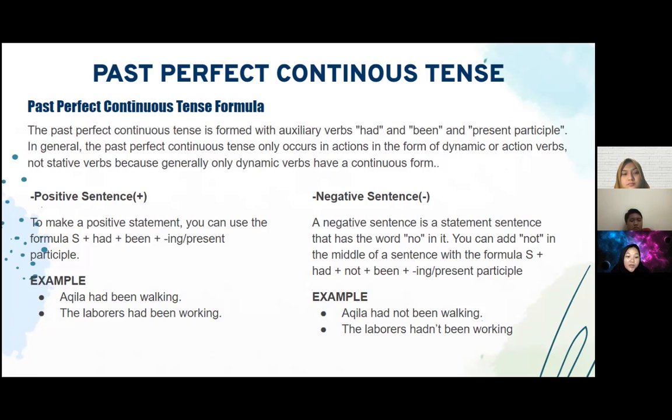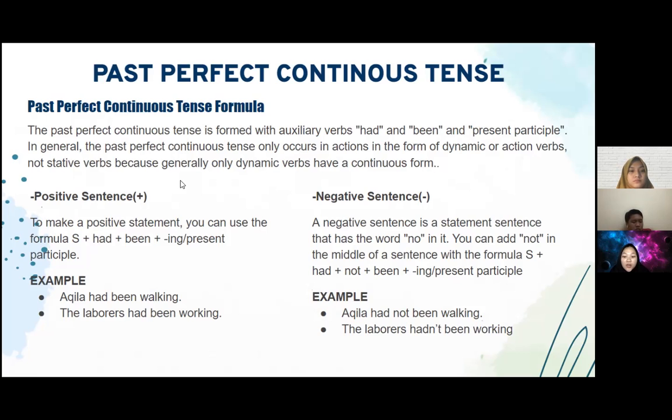The first, positive sentence. To make a positive sentence, you can use the formula subject plus had plus been plus verb-ing or present participle. Example, one, Akila had been walking. Two, the laborer had been working. And so the negative sentence is a statement sentence that has the word not in it.